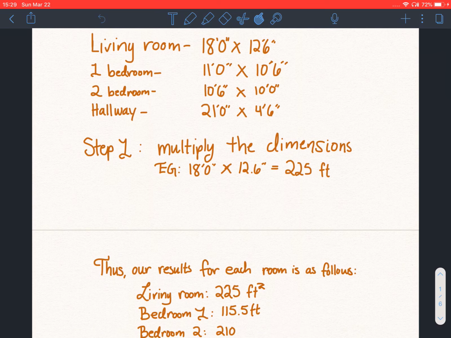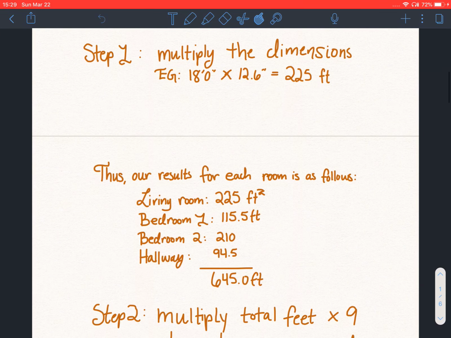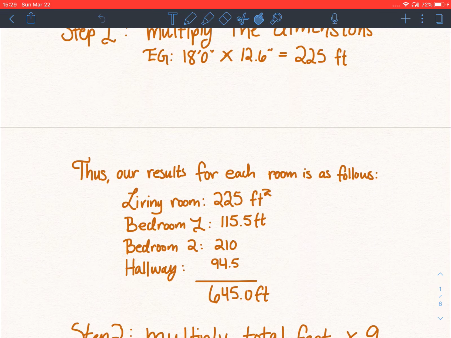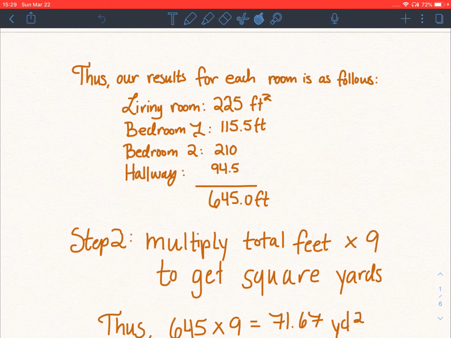If you do that for each one, multiplying 11 feet by 10 and a half feet, 10 and a half feet by 10 feet, 21 feet by 4 and a half feet, you will get this result: 225 square feet for the living room, 115.5 for bedroom 1, 210 for bedroom 2, and 95 and a half for the hallway. Add all of this up, and you get a total of 645 square feet.